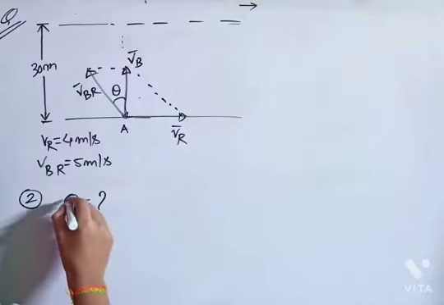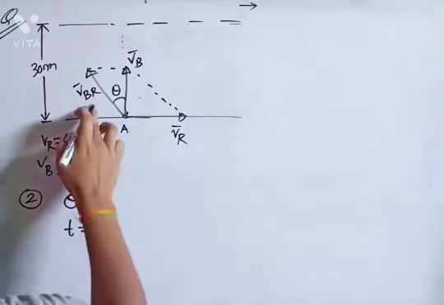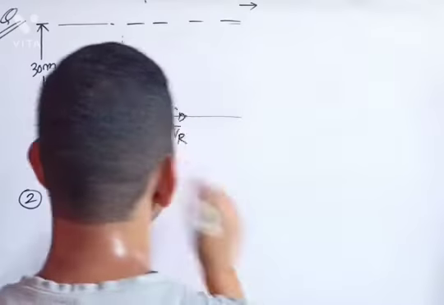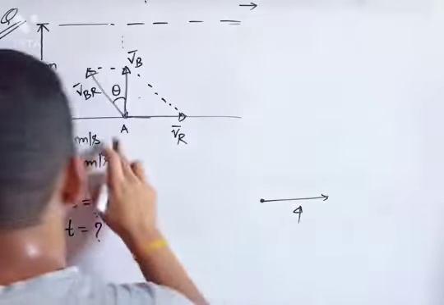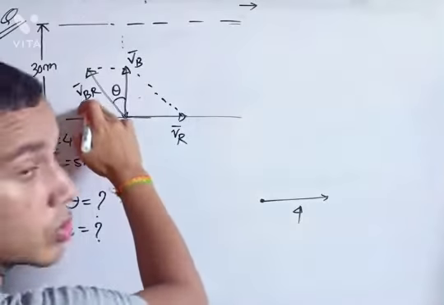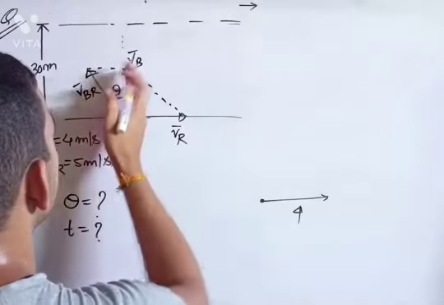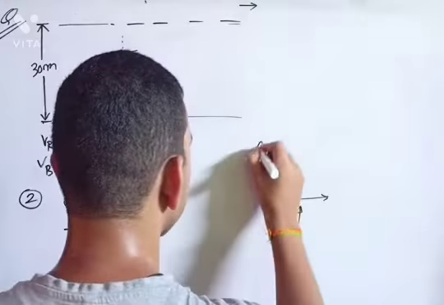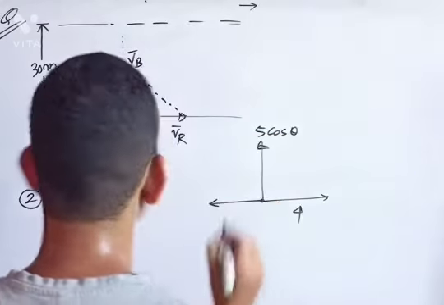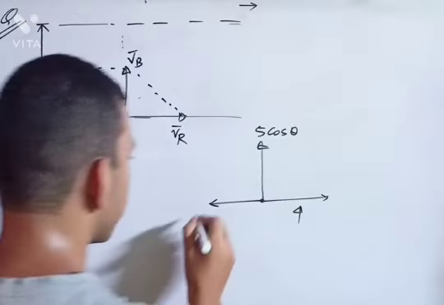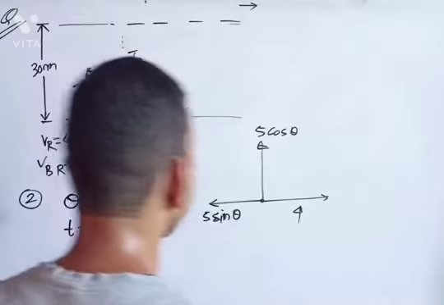So let's first solve this question vectorially. Let's resolve this VBR vector. We will get VR vector as this, which is 4, and VBR, let's make its two components along this direction and along this direction. Here we will get VBR cos theta, which is 5 cos theta, and along this direction we will get VBR sin theta, which is 5 sin theta.